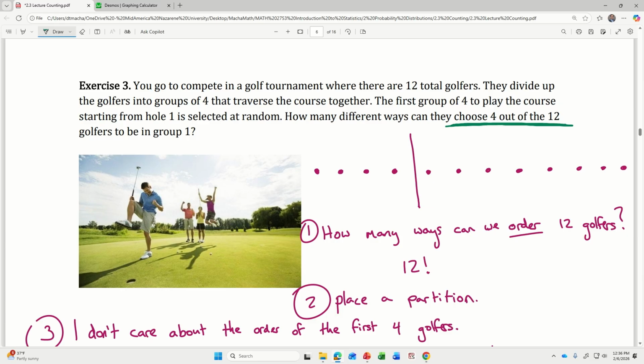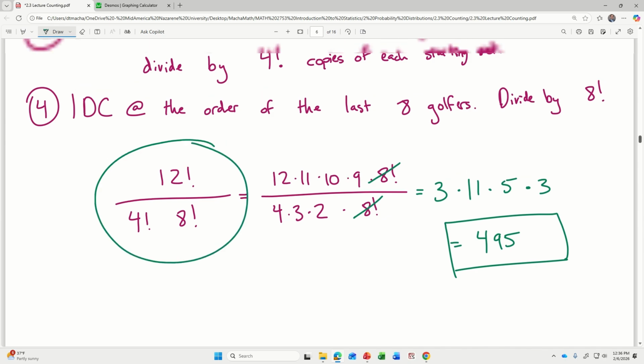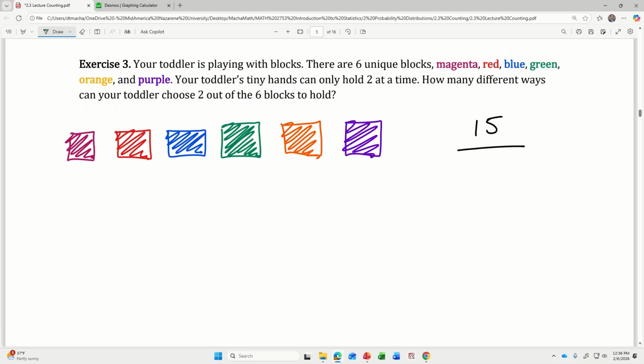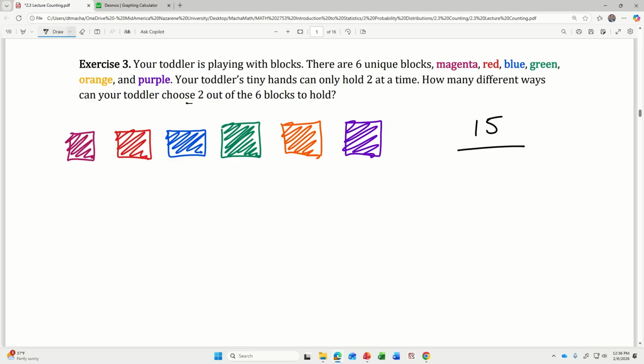And this formula we came up with works in general. What I mean to say is, if I go back to my toddler playing with blocks, this time this is choosing 2 out of 6. So I would take 6 factorial divided by 2 factorial divided by 4 factorial, right?